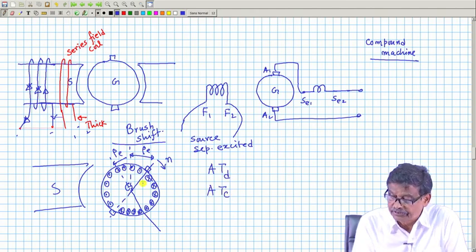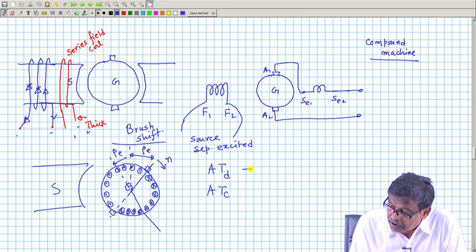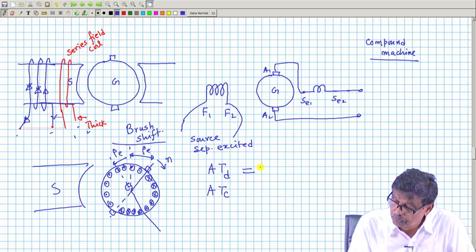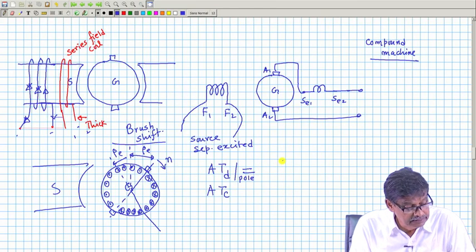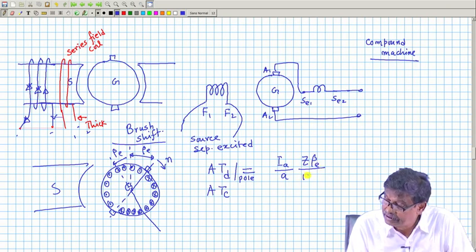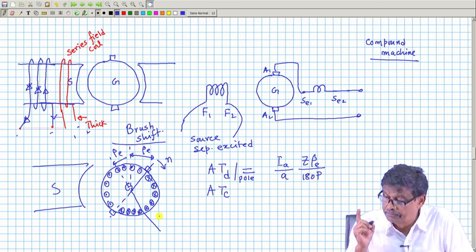If you give a brush shift, the demagnetizing ampere turns straight away come, and this formula we have derived: ATD per pole is equal to I A by A into Z beta E by 180 P, where beta E is in electrical degrees, mind you.